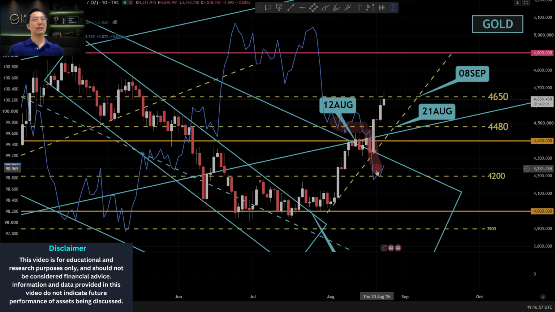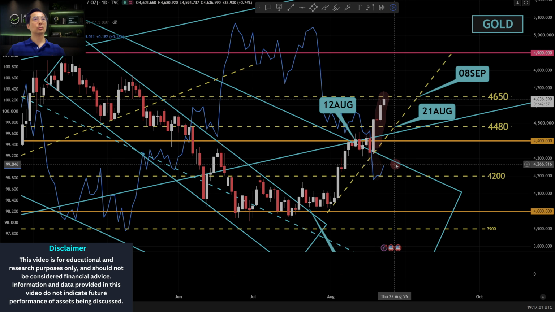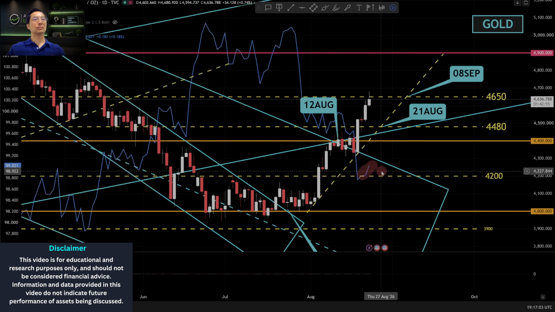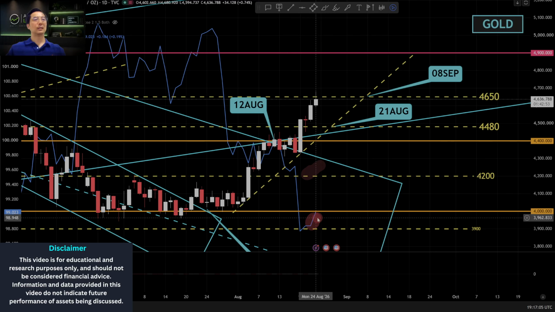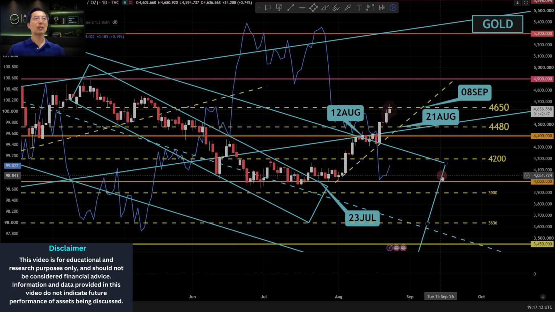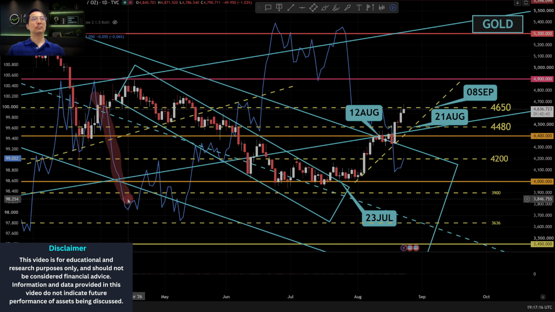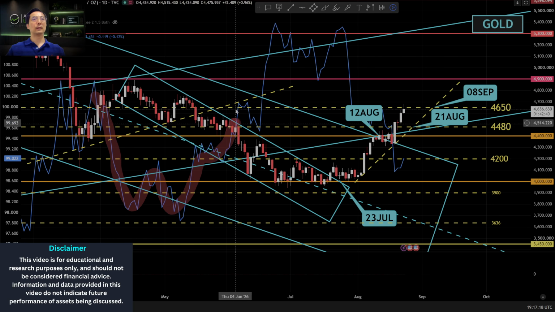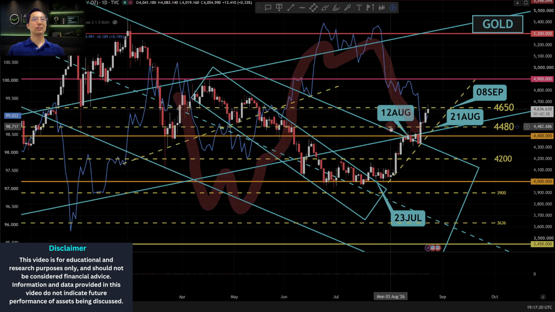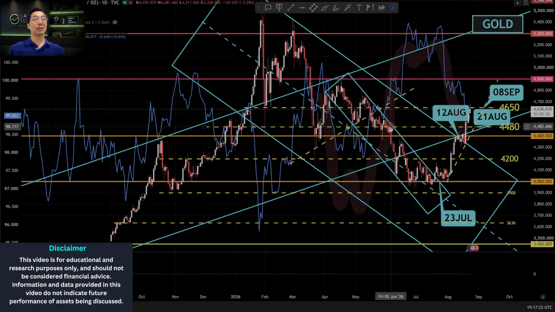And then when DXY dipped, it pushed up again. So yesterday and today, DXY climbed a little, and that's why gold is being suppressed. So the correlation right now is pretty obvious as of this moment. It's an inverse relationship. It's not always the case, okay?